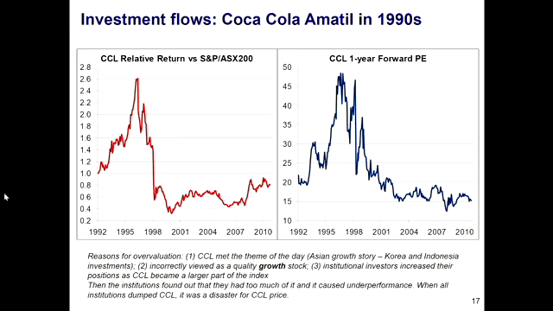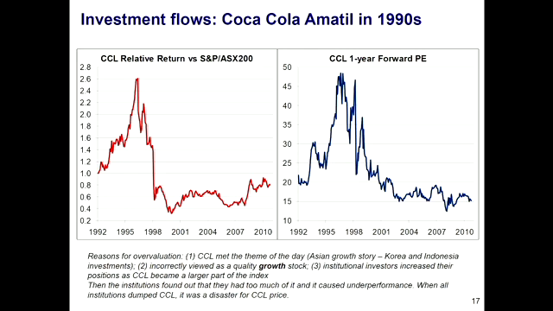And before that, there was very much stellar performance of any stocks related to the Southeast Asian countries. And at that time, Coca-Cola was considered a growth stock because it built new factories in these emerging countries.